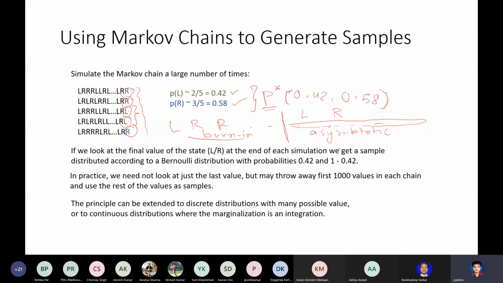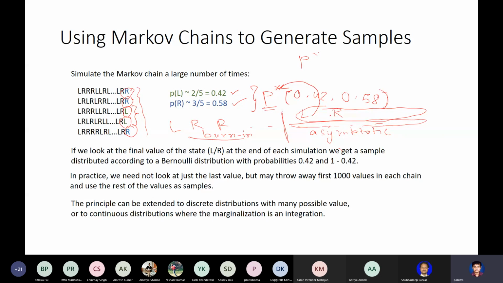So this gives you a way of sampling, in the sense that if your P star is unknown, the state values I have looked at in the asymptotic period can be thought of as a sample drawn from P star, because they follow P star.